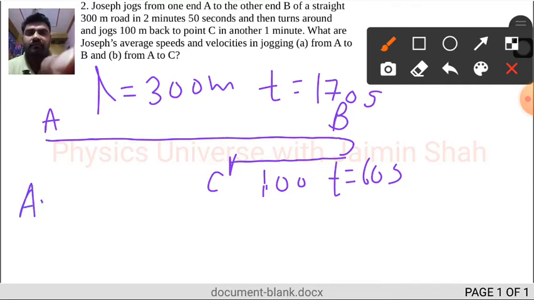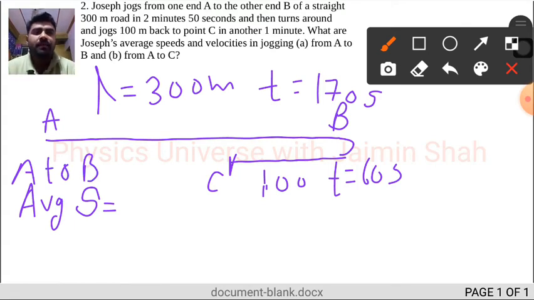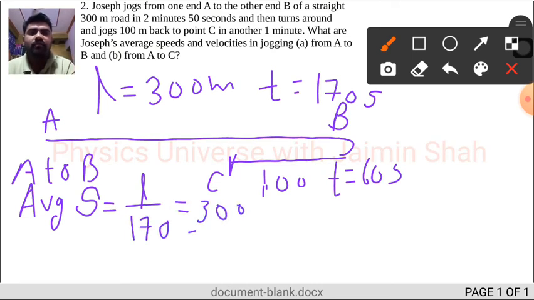Average speed for A to B is simply the distance traveled by Joseph upon the timing, that is 170. So distance upon time, 300 upon 170, and whatever the answer is, it is in meters per second. That is the average speed from A to B.